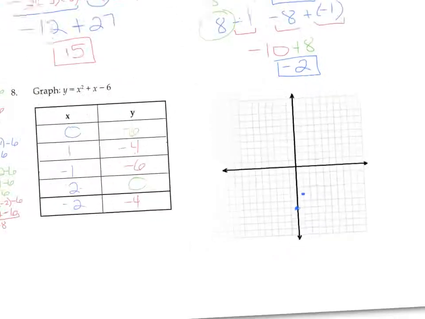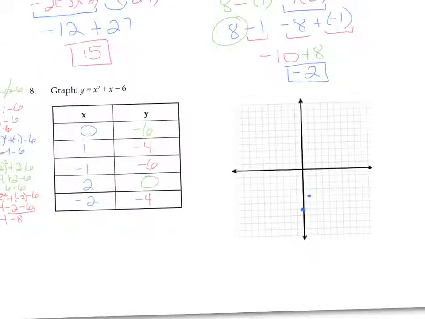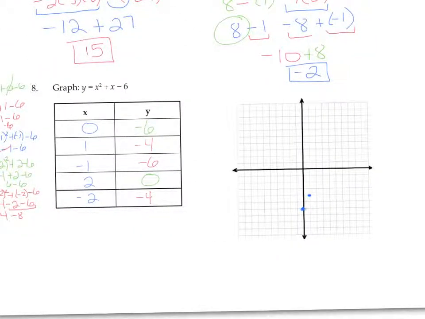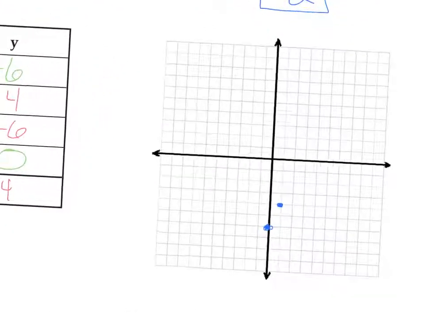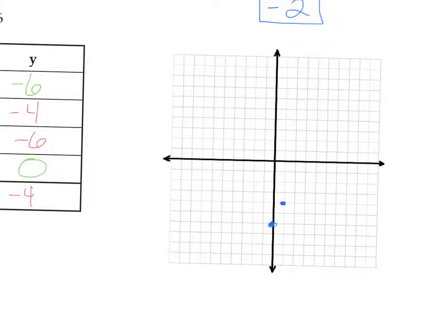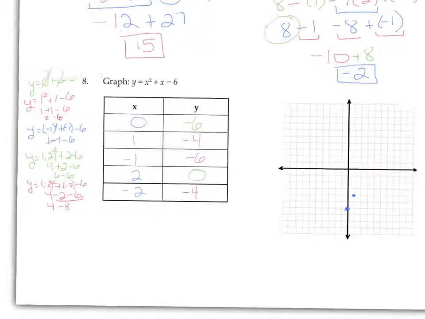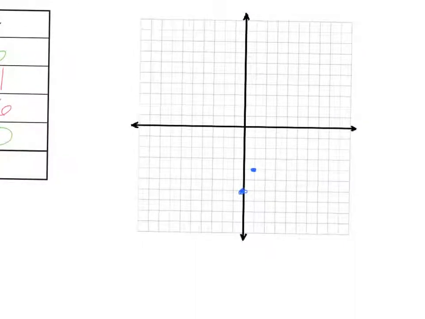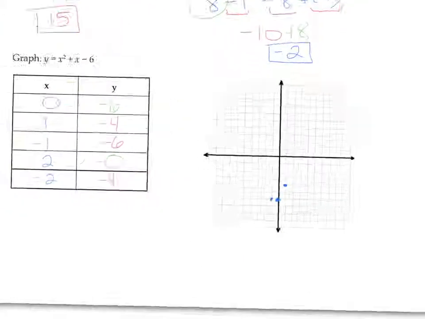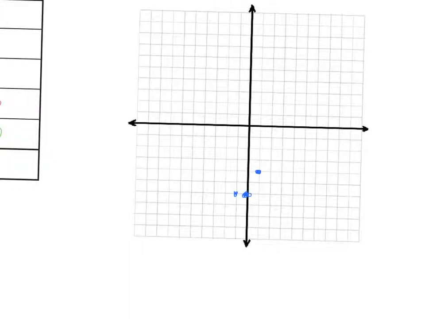Did I make a mistake? All right, negative 1, negative 6 will be here. 2, 0 will be here.